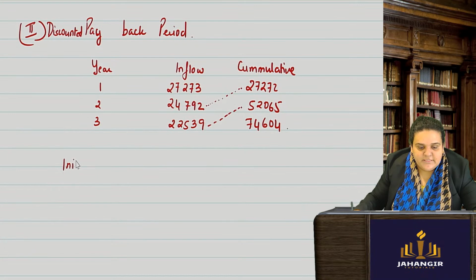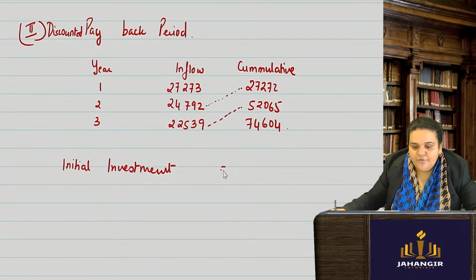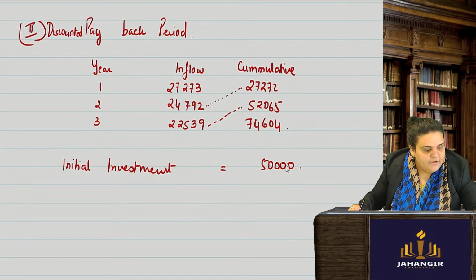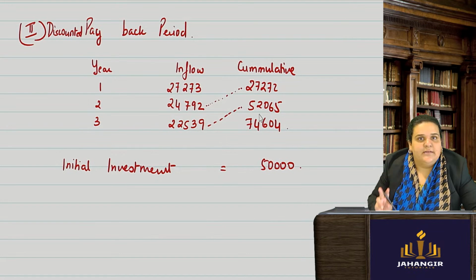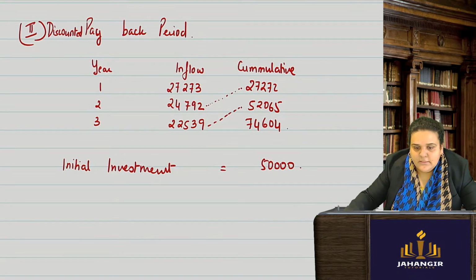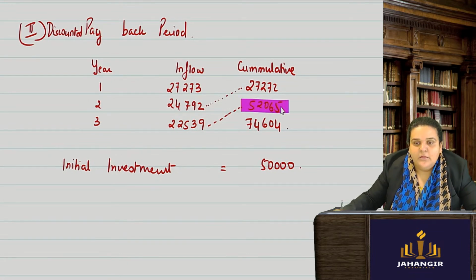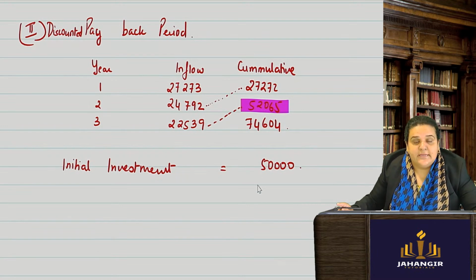Okay, now discounted payback period. My initial investment is equal to 50,000. Okay, now if you see in the second year, I am already crossing that 50,000. See the cumulative. I am crossing that 50,000 in the second year.